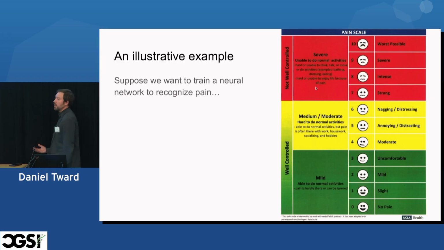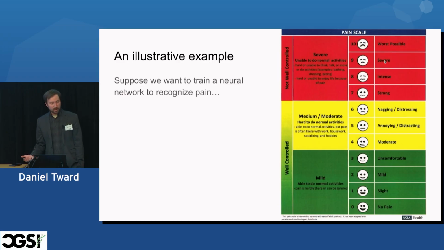Typically, if you tell a person, rate your pain from 0 to 10, that rating isn't very reliable or reproducible. There are batch effects, like we saw a moment ago, depending on the person, their background, their experiences. There are all different ways to interpret that. So this is an attempt to standardize it.